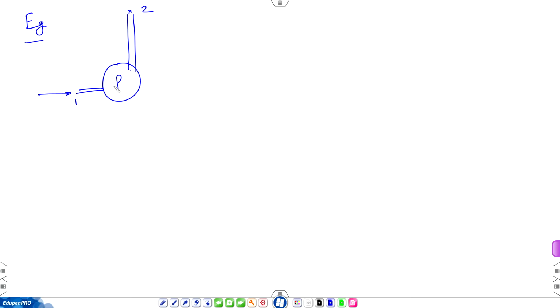Now, let me make this problem a little more elaborate. So, this is the roof and it is delivered into a tank. So, this water coming out, this is point 2. So, P 2 is atmospheric.